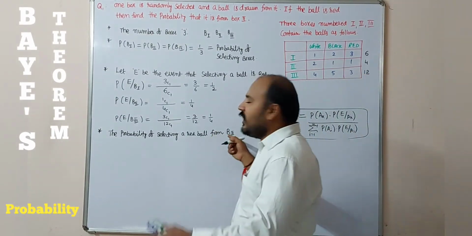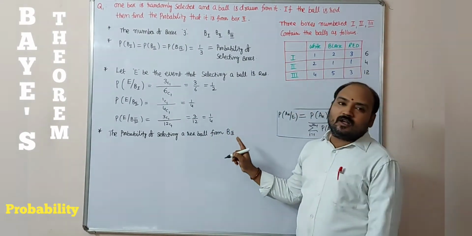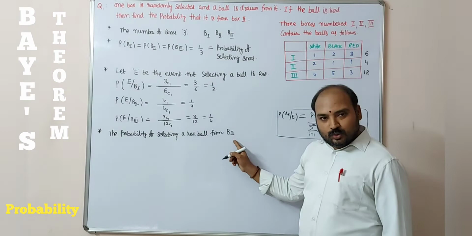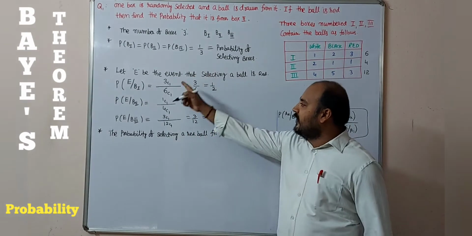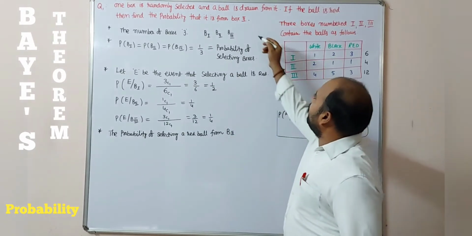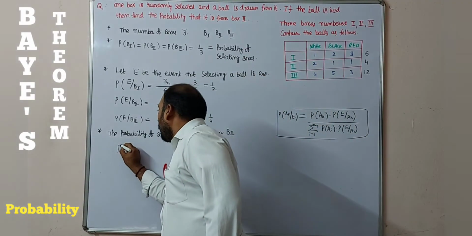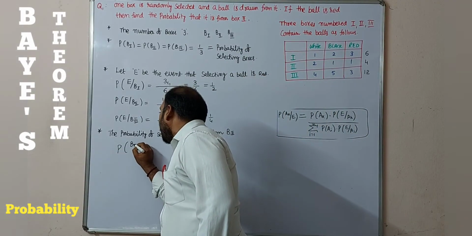So the probability of selecting box 2, and we are drawing which ball? Red ball. The red ball event is E. So from particularly box 2 they are selecting. So P of B2 given E is what we want.